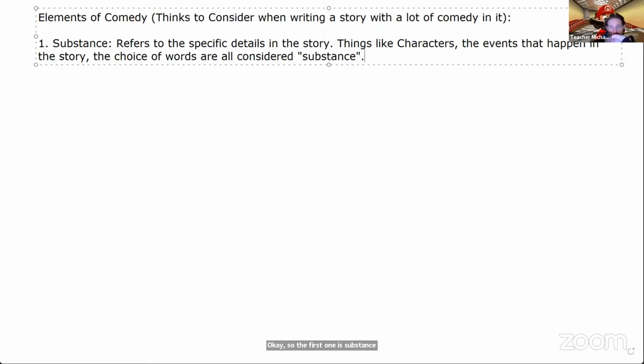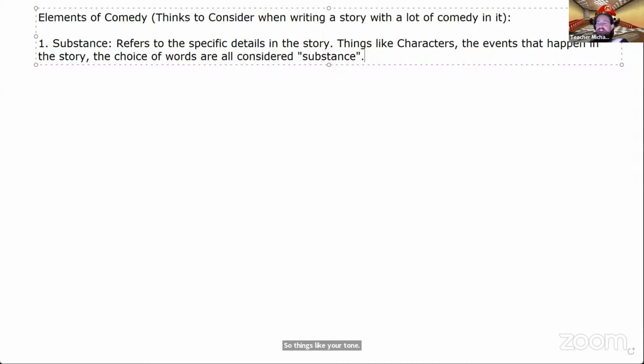Substance is pretty much all of the specific details about the story. So the decisions you make about the characters, the events that happen in the story, and even your choice of words. So things like your tone.